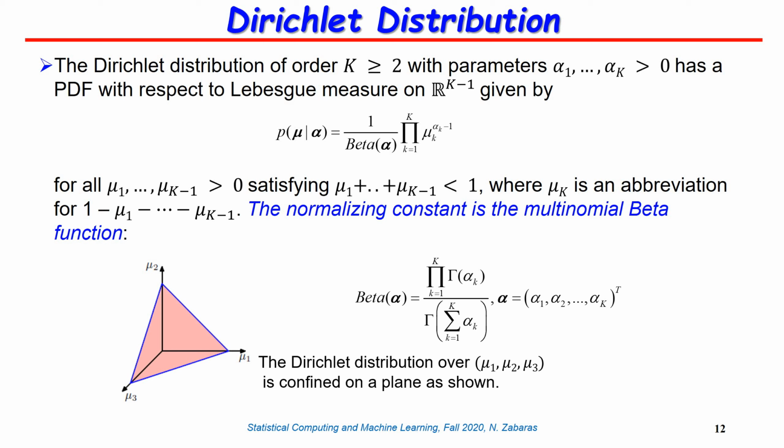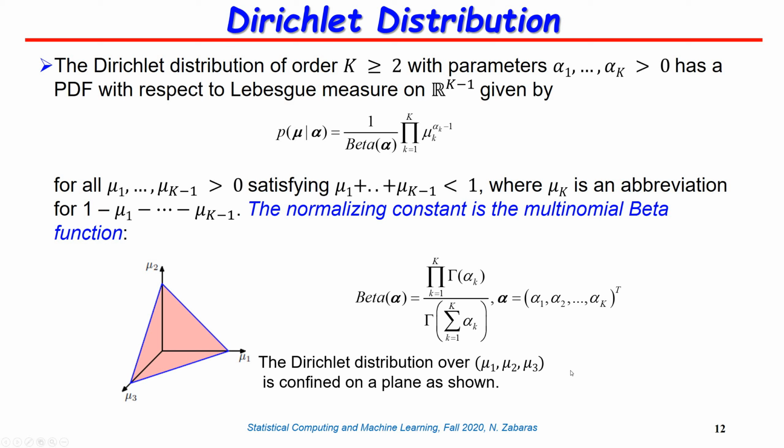I don't think that's a topic we will cover in this course, but right now we will limit ourselves to this Dirichlet distribution defined over these probabilities mu, and I want you to always think of these mu's as the probabilities introduced in the multinomial distribution we saw 1 or 2 lectures ago.